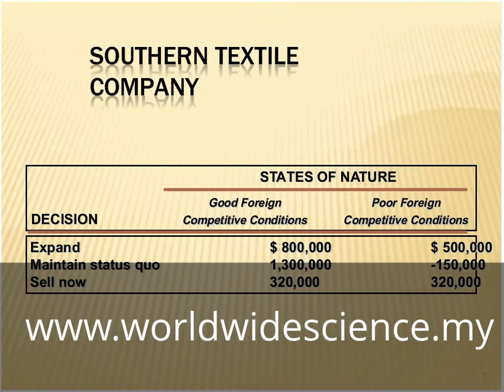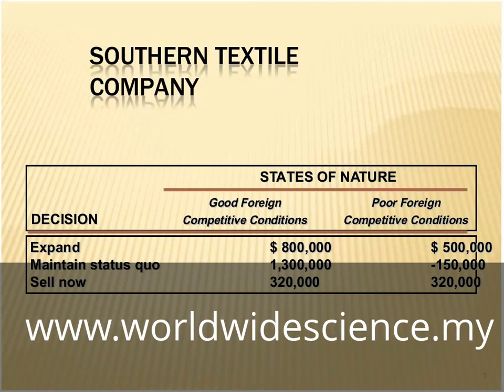The operation manager in this company has faced three decisions. The president of the company has given to the operation manager three decisions or three options to choose the best one. He or she has told the operation manager, which decision is best for our company?